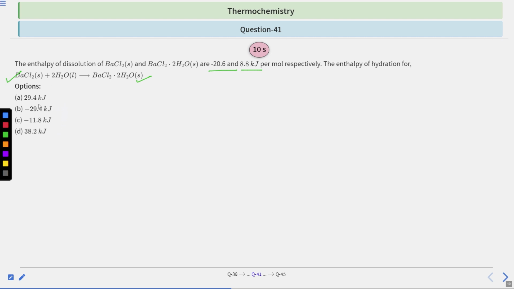Options are 29.4 kilojoule, minus 29.4 kilojoule, minus 11.8 kilojoule, or 38.2 kilojoule. So you have 10 seconds to solve this question. After that, we will see the answer.